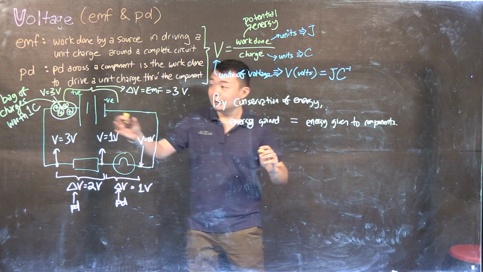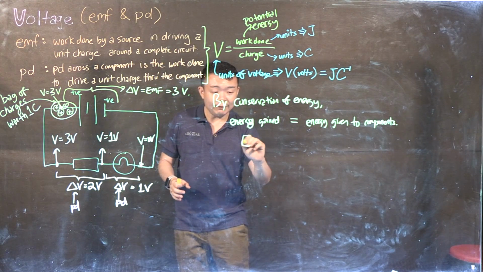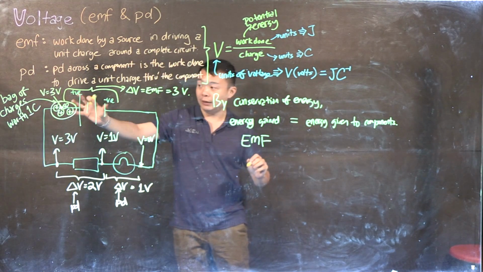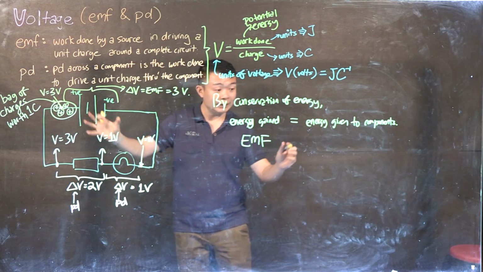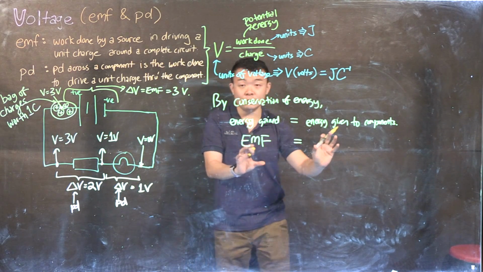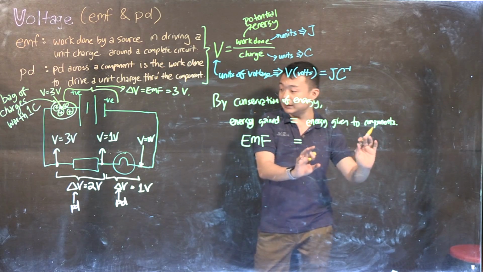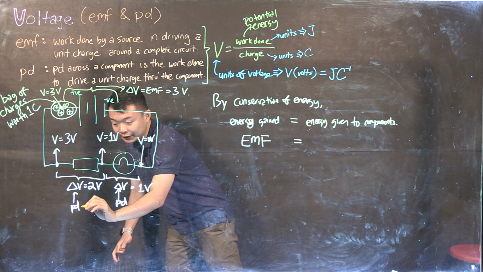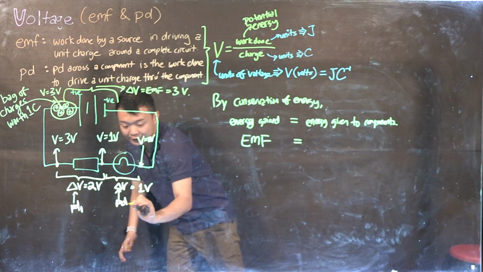Alright, so the EMF provided by the battery, the potential energy must be distributed across the components. So let's call this PD1 and PD2.